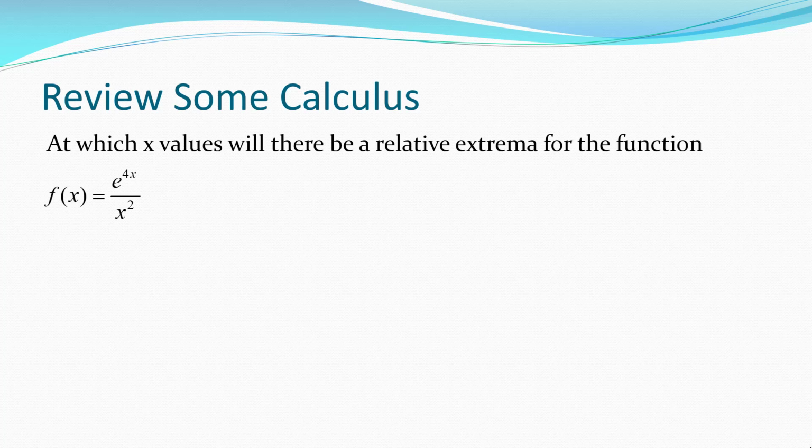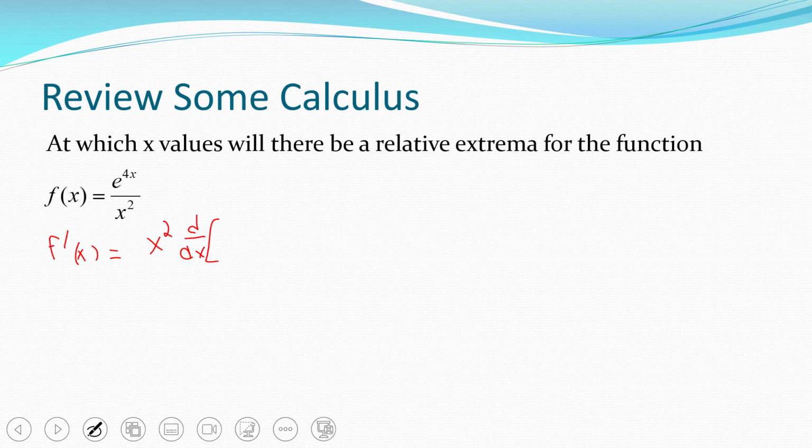So I need the derivative. Well, that means I need the derivative of this quotient. So to do so, the derivative of f equals the denominator times the derivative of my numerator minus my numerator times the derivative of my denominator.